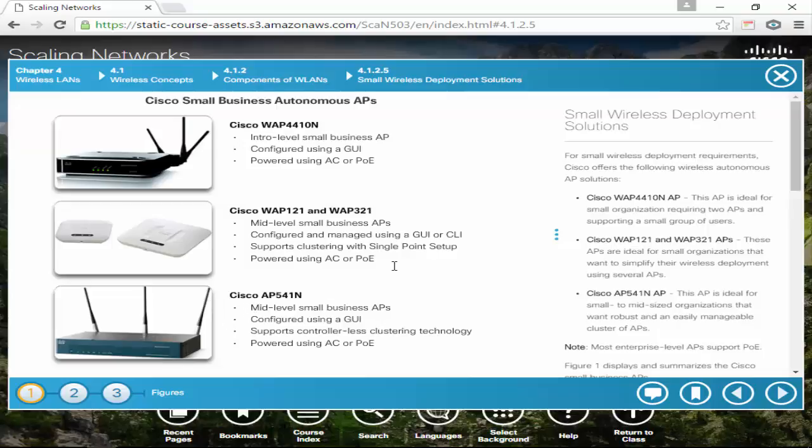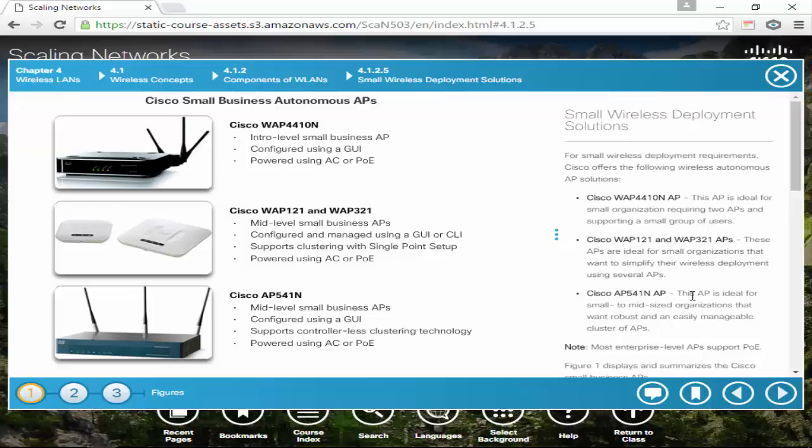Very cool. Then this AP, I would still call this small. I don't know, but mid-level, small business, configured using GUI, supports a controller, less clustering technology, powered by AC.